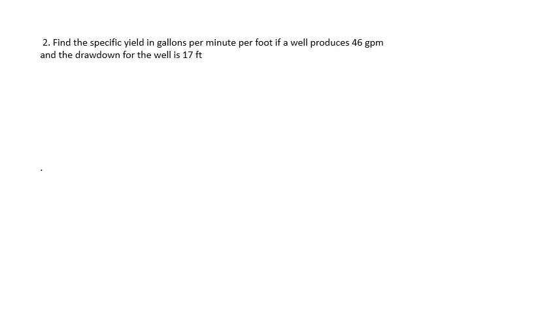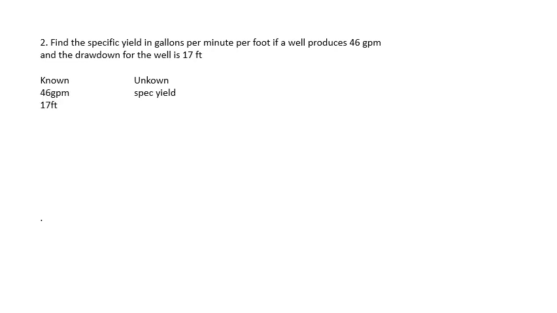Question number 2. Find the specific yield in gallons per minute per foot if a well produces 46 gallons per minute and the drawdown for the well is 17 foot. Again, I always like to pull my knowns and my unknowns out of a word problem. So what you know is that you have 46 gallons per minute, you have 17 feet of drawdown, and you're looking for your specific yield.